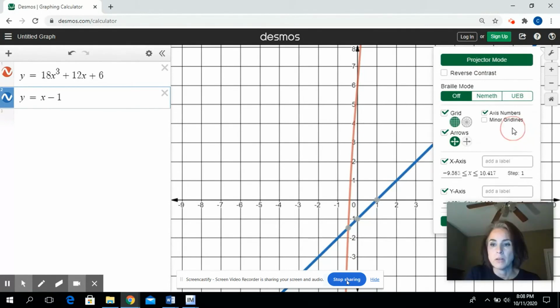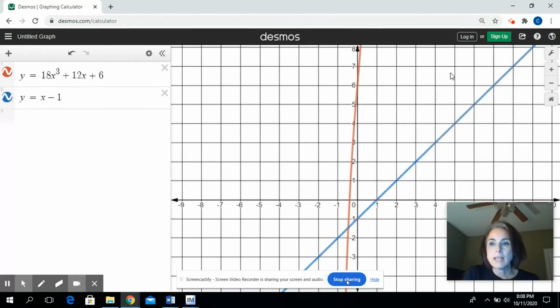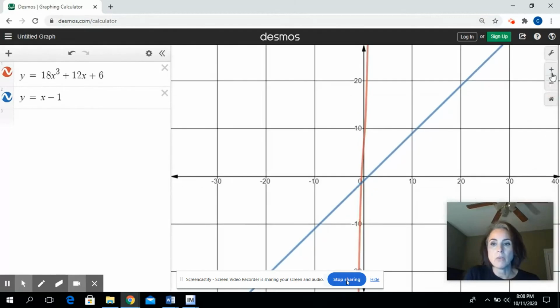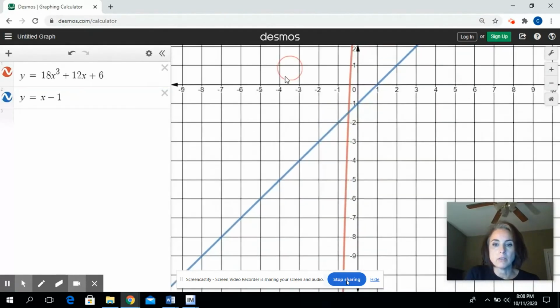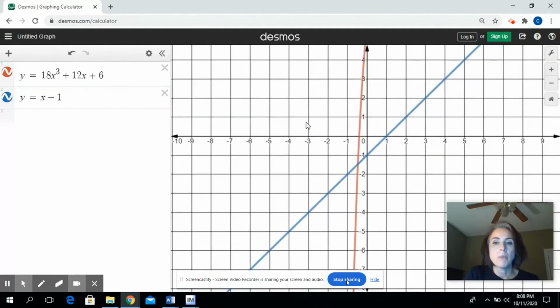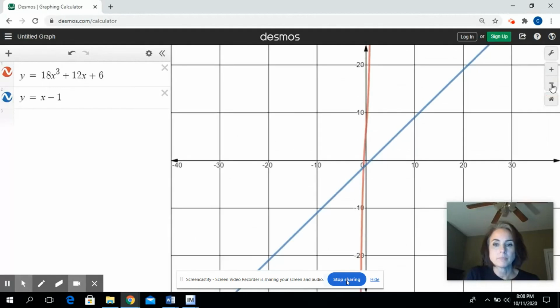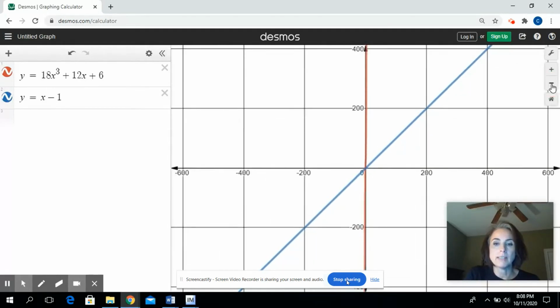So step by one here and step by one here. So it just makes it a little bit better. And you can also zoom in and out. So you can zoom out, or you can zoom in, or you can literally just move the graph around with your mouse. But if I zoom out, what you'll basically see is they only intersect in one spot right there.